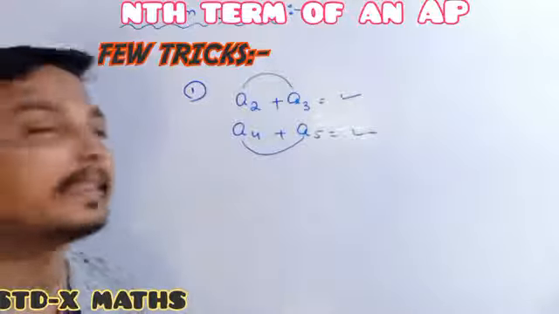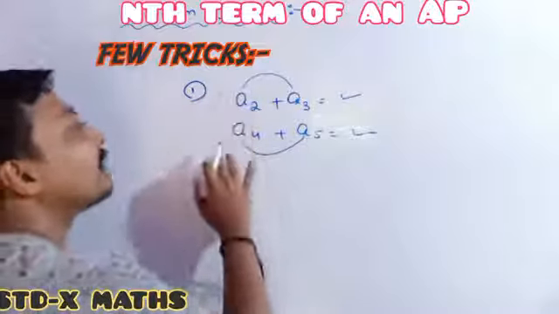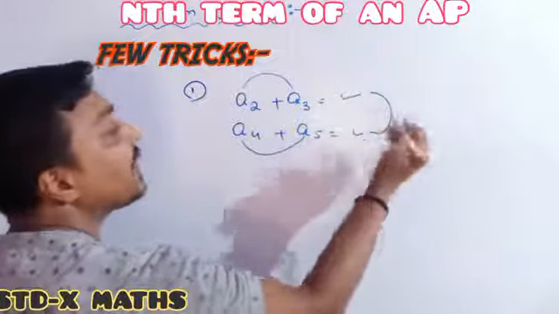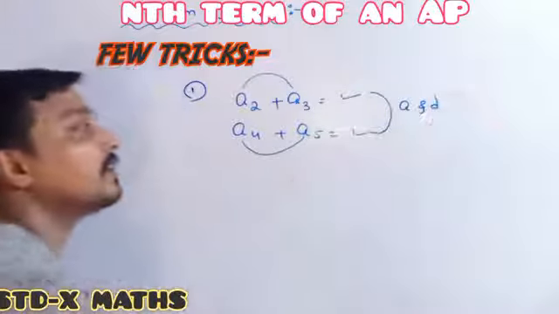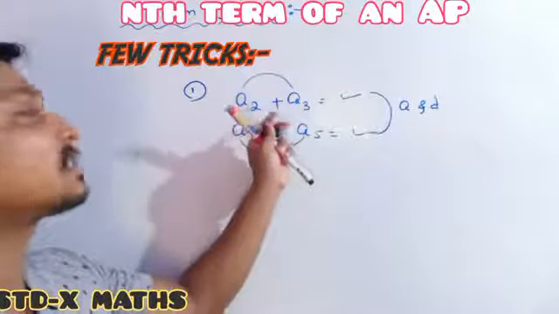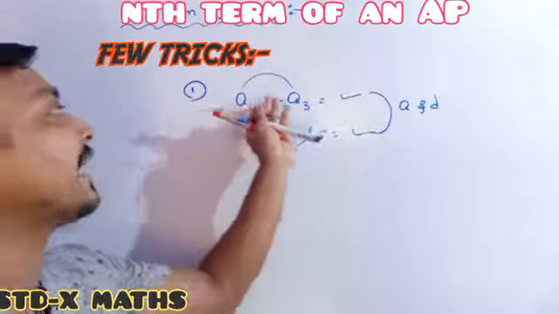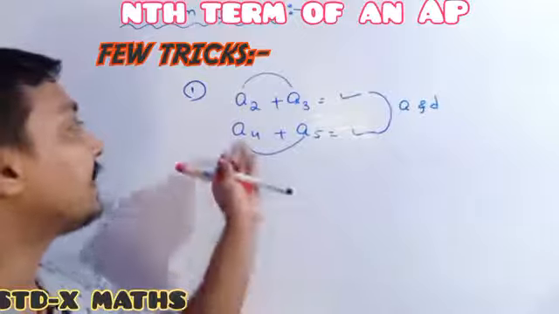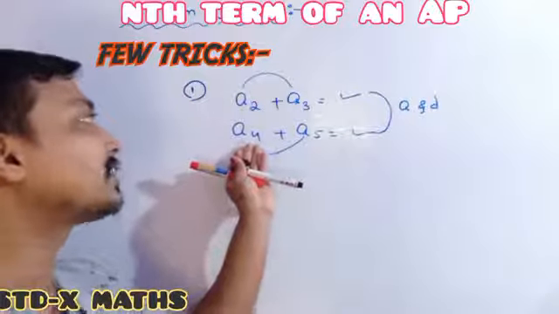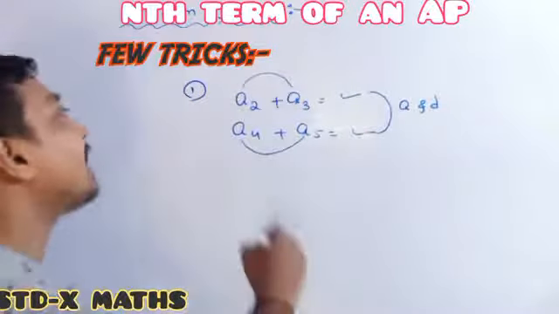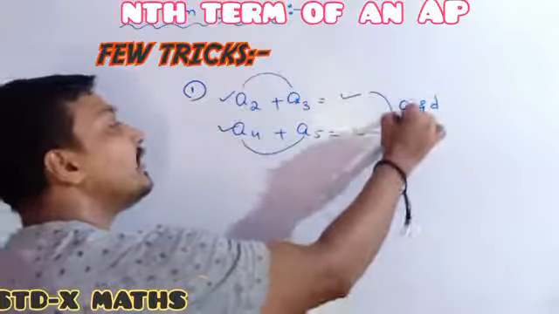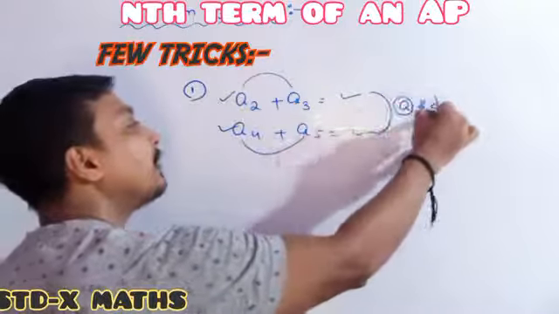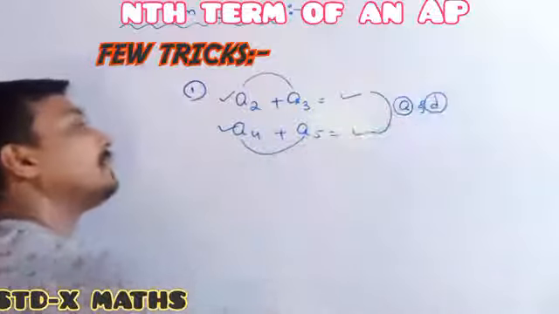Always remember, this type of equation will give us a pair of linear equations in a and d. As you get a pair of linear equations in a and d, by solving you can easily find the values of a and d.